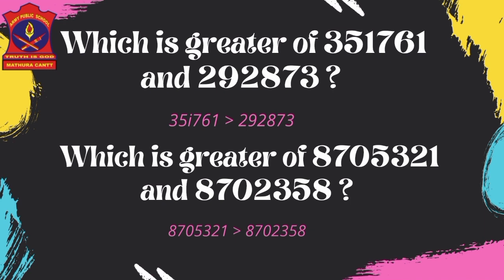So 8 is equal to 8. Now we compare the next digit. The digit next to 8 in the first number is 7, and the digit next to 8 in the other is 7 again. So 7 is equal to 7. Again we compare the next digit. The next digit in both the numbers is again equal.